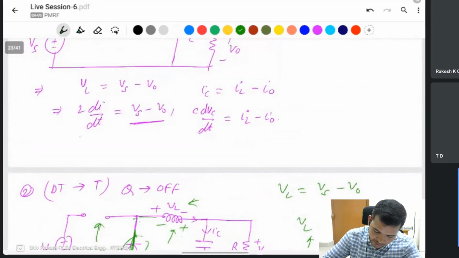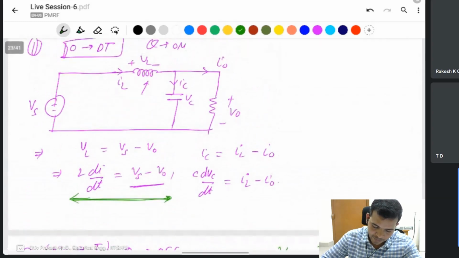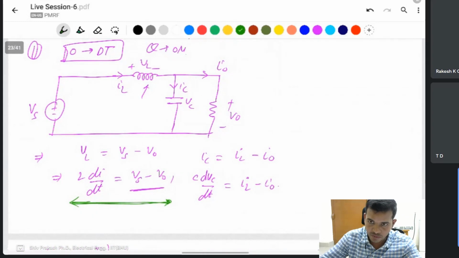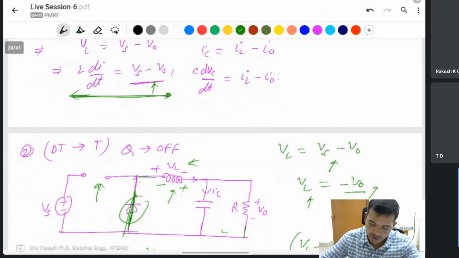The volt-second balance means the average voltage across the inductor is 0. Average voltage means the voltage into time. If we take a constant voltage in a DC system, then the constant voltage into time is the average voltage.